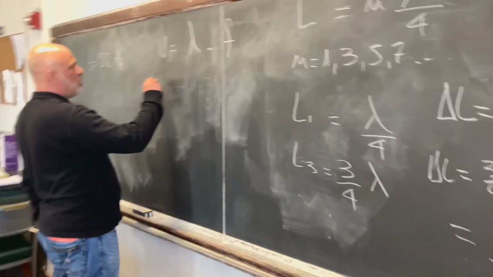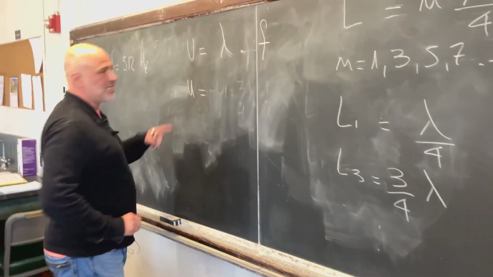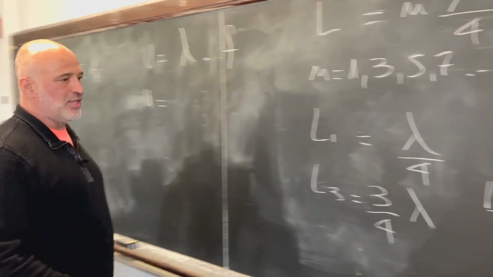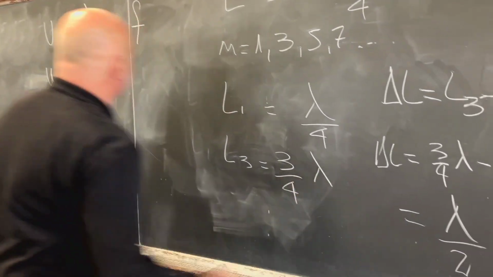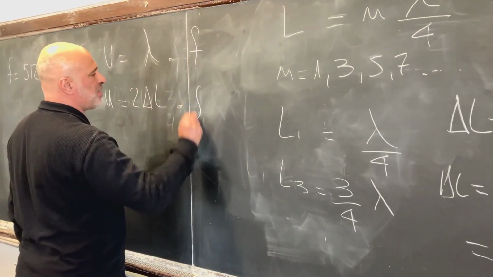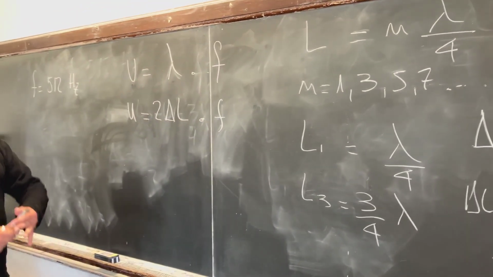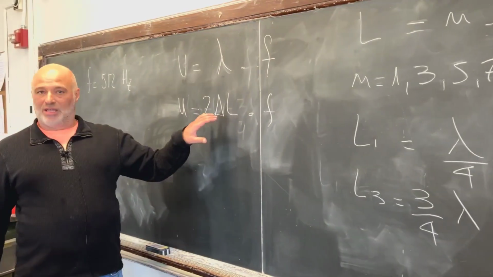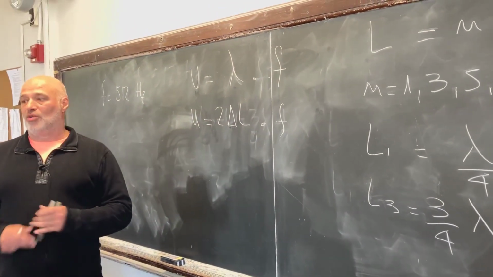And so then the speed of sound is equal to 2 times delta L times the frequency. So now what we need to do is determine the length of the air columns.